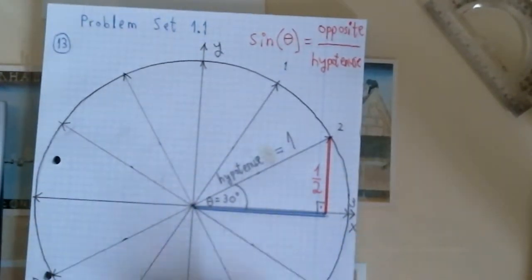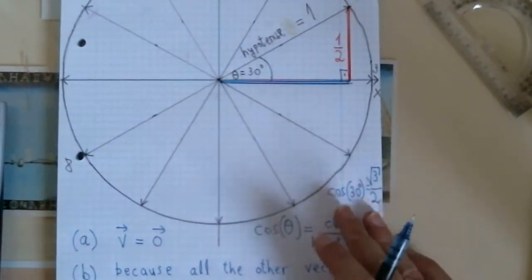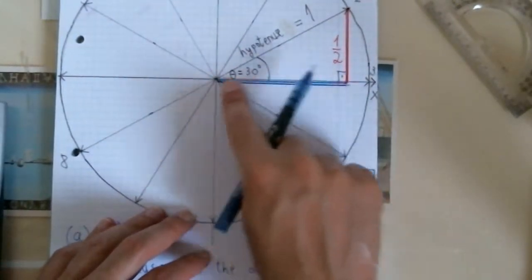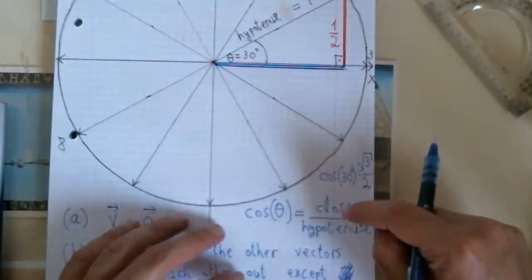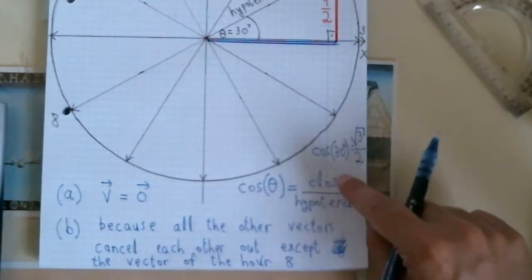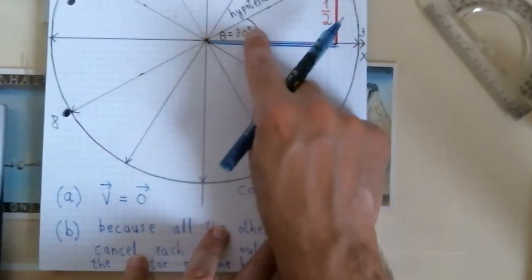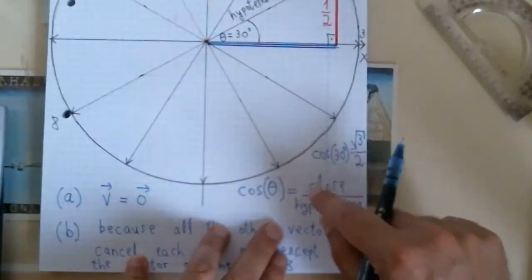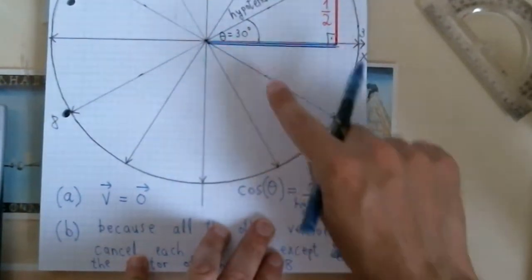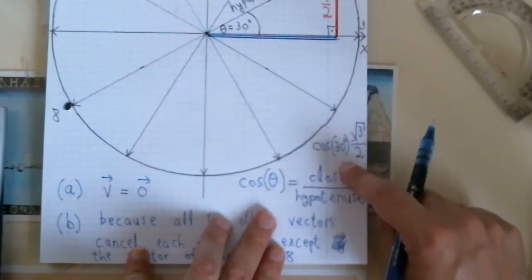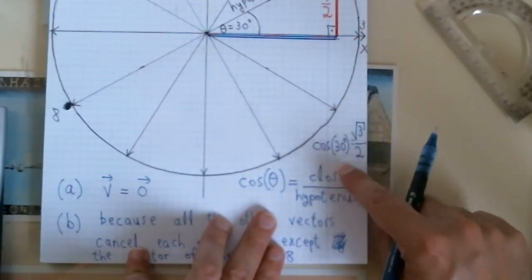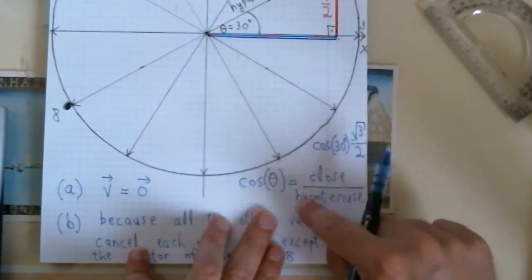The blue line is the one that we are looking for. This is what I call the close side, this side of the triangle, which is close to the angle. So cosine of the angle is the close side of the triangle, close to the angle, divided by the hypotenuse.